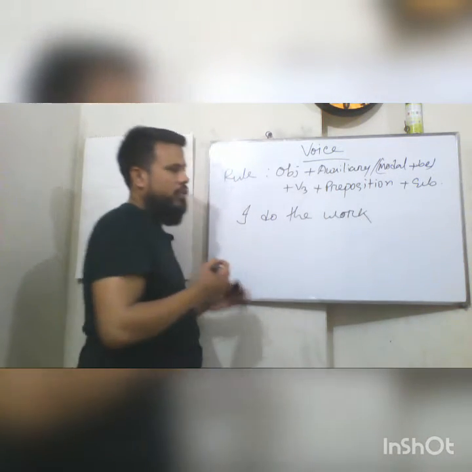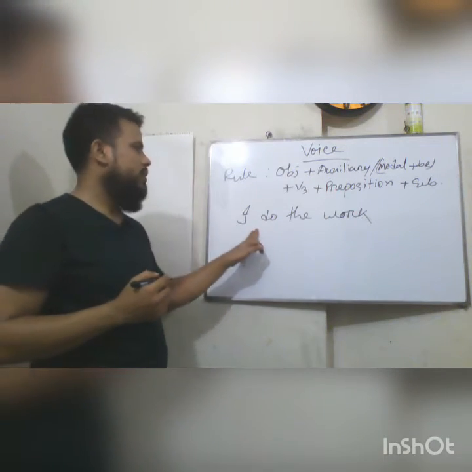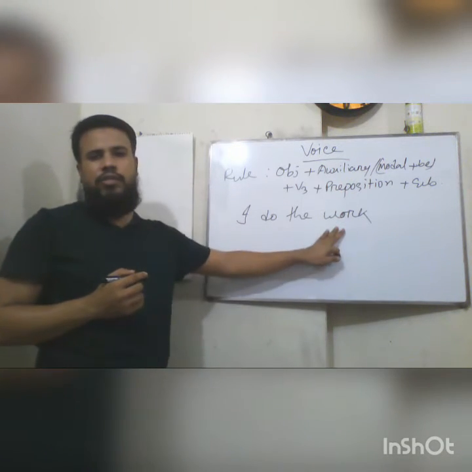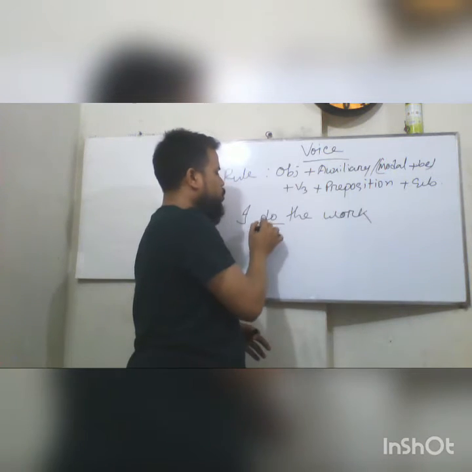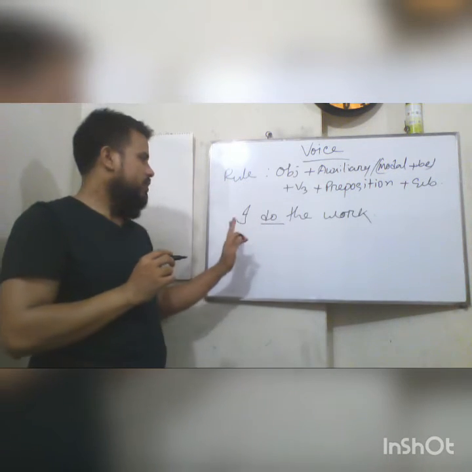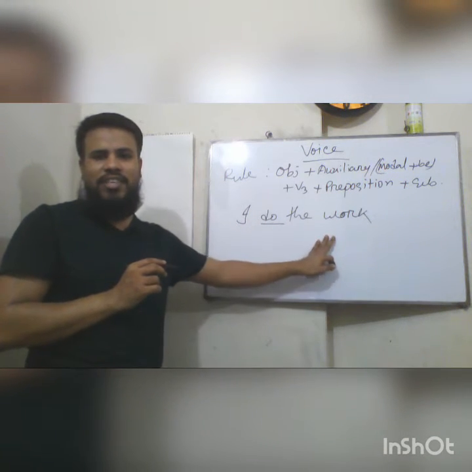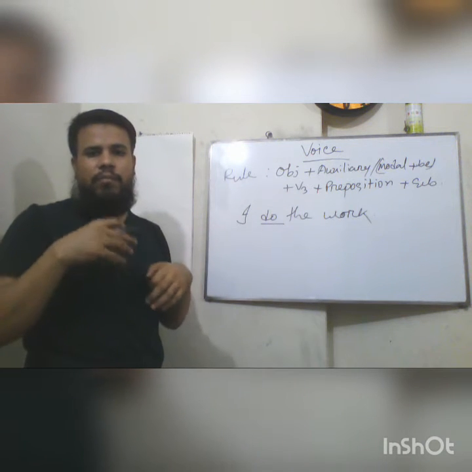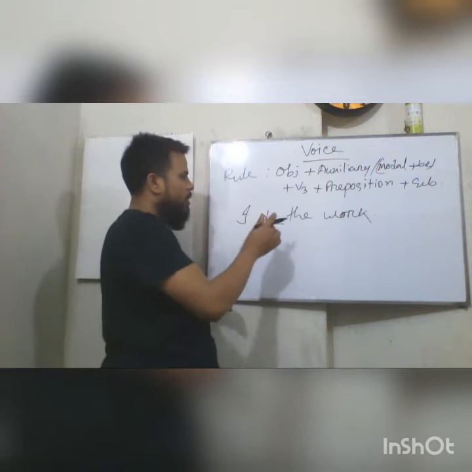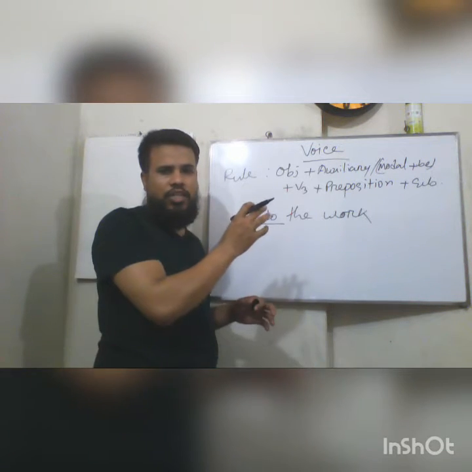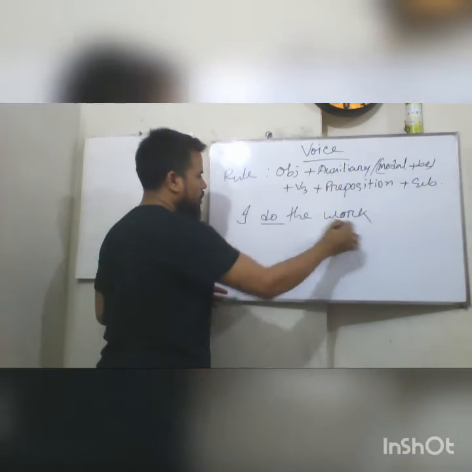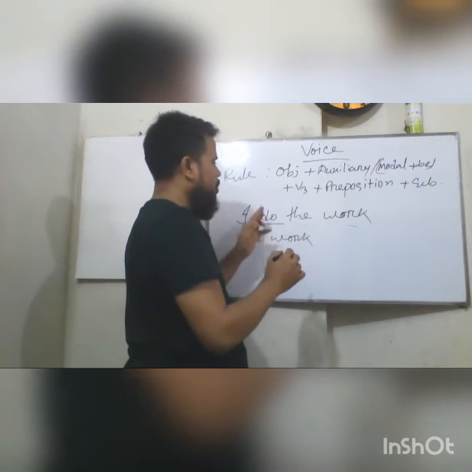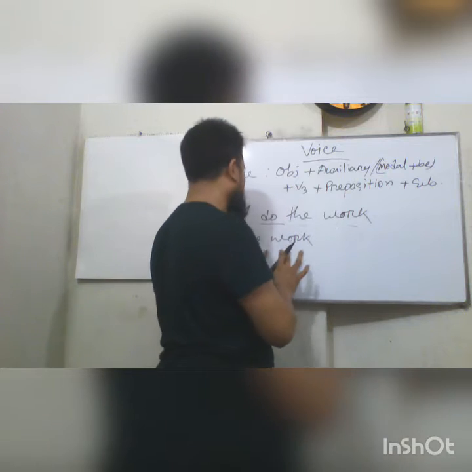I do the work. Here we can say it is present indefinite tense or present action. Here do is the main verb, with subject, verb, and object. That is active action. I do the work means I personally do the work. If we want to express it in passive action, we can write the work, and then auxiliary am, is, are.